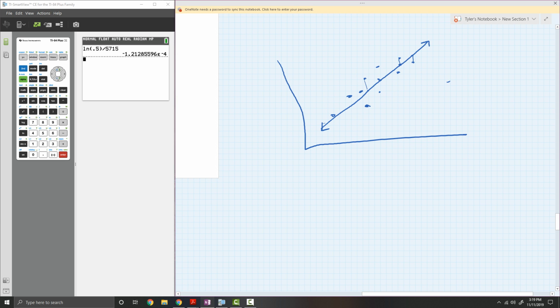If I had that scatter plot, maybe something like this, versus a scatter plot that looked like this, you could imagine that the one on the right is going to have a larger R value than the one on the left.